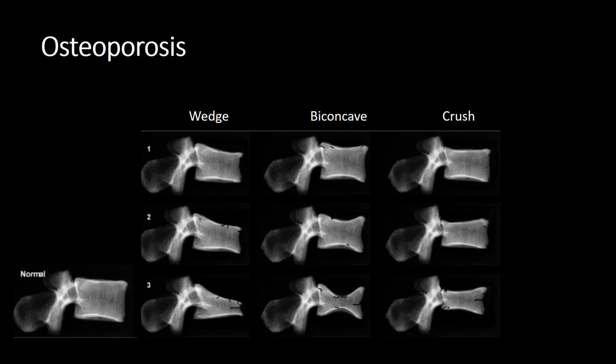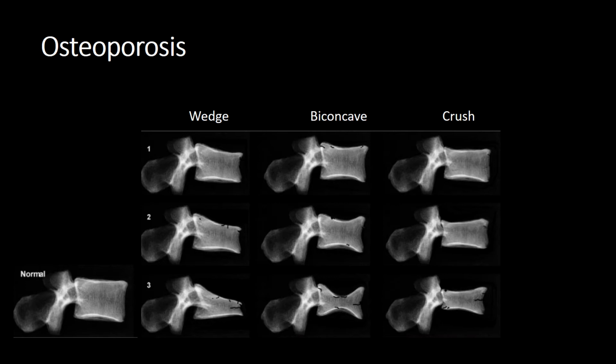Now be careful, you can get a normal variant of a slightly biconcave appearance, and you'll see this in younger individuals. That's not to say those younger individuals will not at some point become older, but if you get a slight biconcavity in a young person, it doesn't necessarily mean that this patient has an abnormal vertebral column.